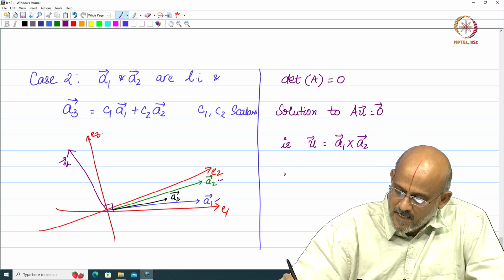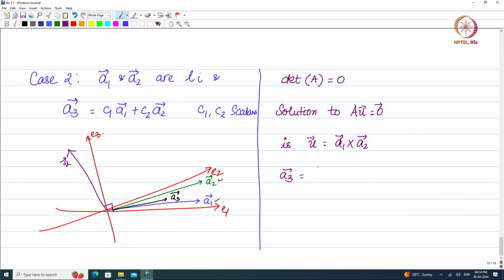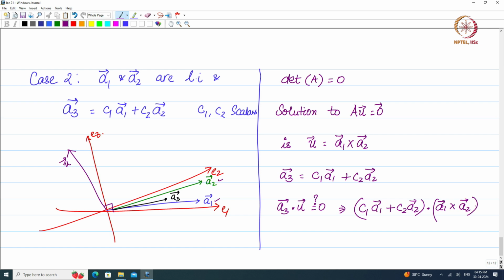So let us take a3 to be, let us say, c1 a1 plus c2 a2. Now we want to check if a3 dot u is also equal to 0. So how do we look at that? We say c1 a1 plus c2 a2 dot product with a1 cross a2. Now we know that a1 cross a2 is orthogonal to both a1 and a2.